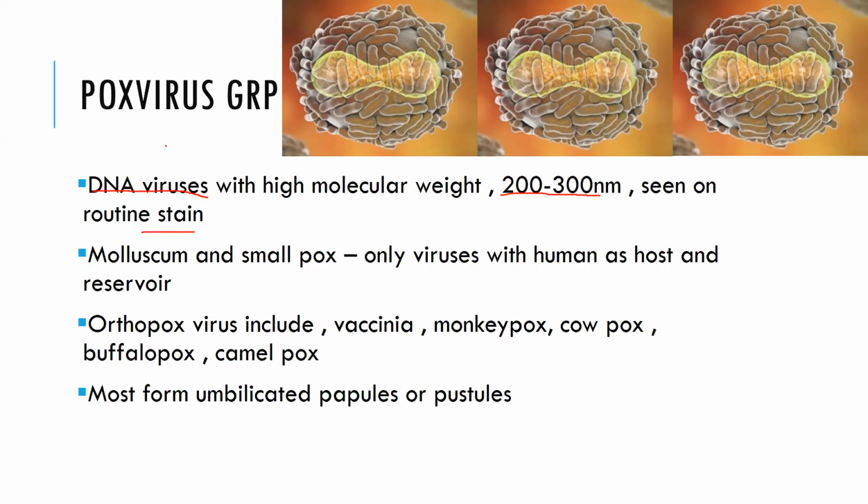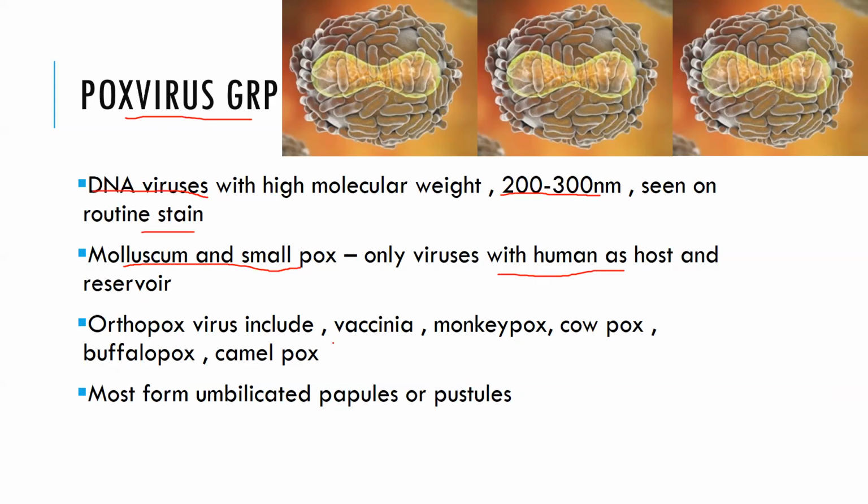So in this family, we have 2 viruses, the molluscum contagiosum virus and smallpox, that are only known to have humans as the hosts and also the reservoir at the same time. The rest of the viruses in this group usually affect other animals, and humans end up being accidental hosts.